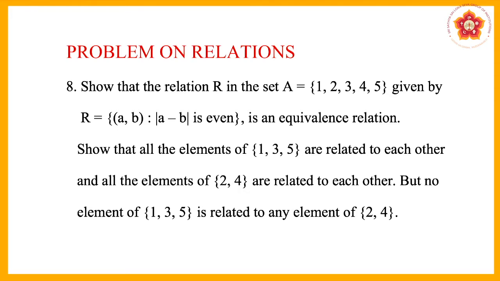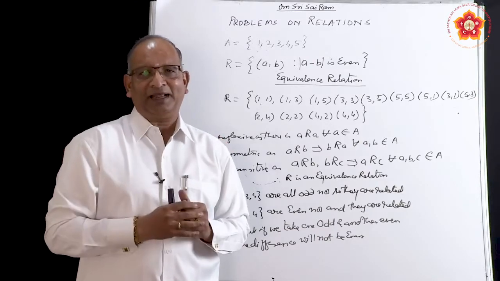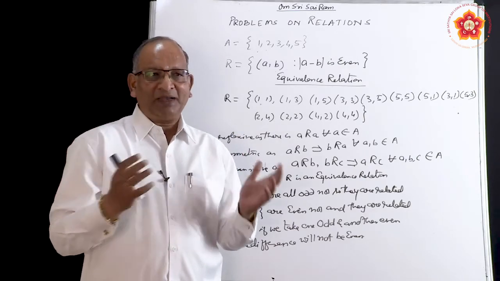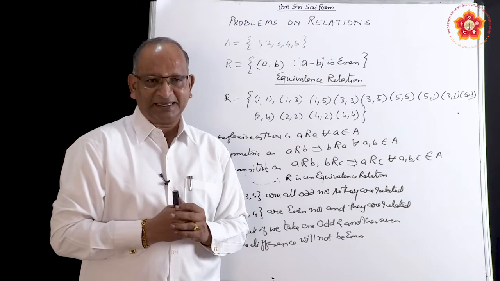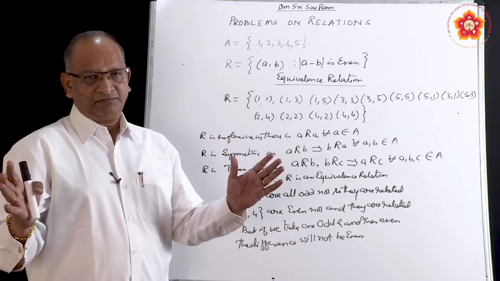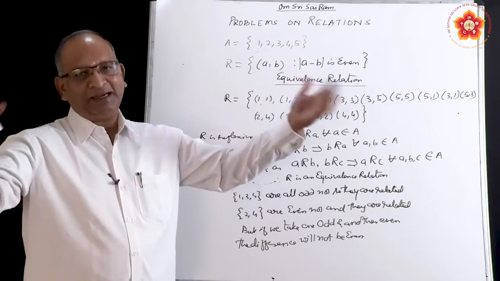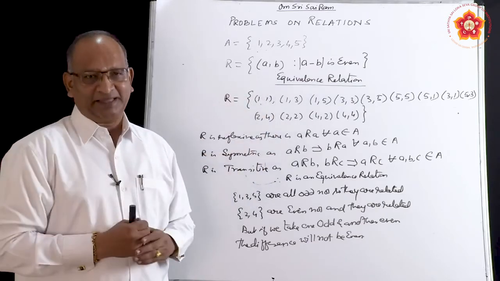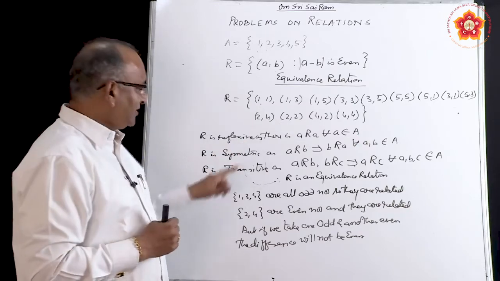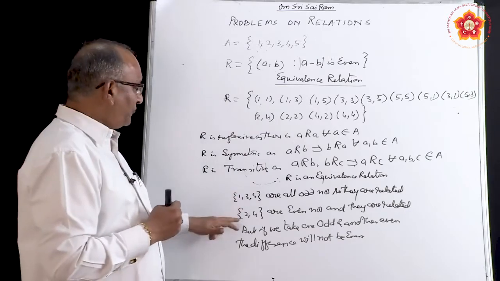A very, very important thing which we are going to study with the help of this example is something called equivalence classes. What do you mean by equivalence classes? Equivalence classes basically means that in the same relation you have got two sets. Independently they have an equivalence relation among them, but there is nothing common in between them. So 1, 3, 5 make one class of the equivalence relation, and 2, 4 make another class.